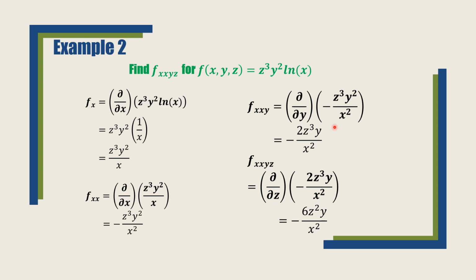Remember that, students. And we came up with negative 2z cubed y all over x squared. The last one, we have to derive in terms of z. So let us replace with the partial derivative in terms of z. We came up from the third step with negative 2z cubed y all over x squared. By deriving, we came up with negative 6z squared y all over x squared. This is now the answer.